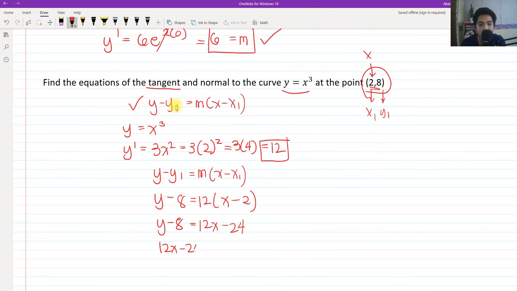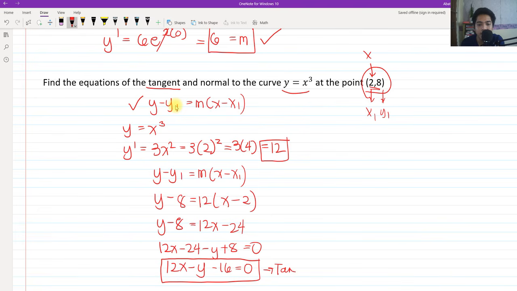Transposing all of this left side to the right side, we have negative y plus 8. So we have 12x minus y, negative 24 plus 8 would be negative 16 equals 0. So this is the equation of the tangent line to the curve at this point.